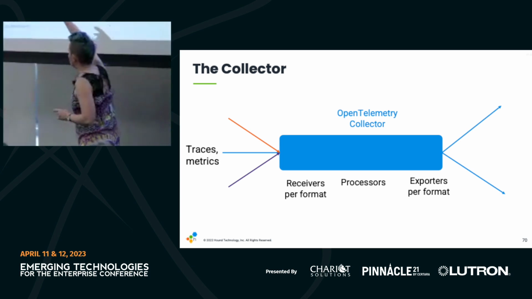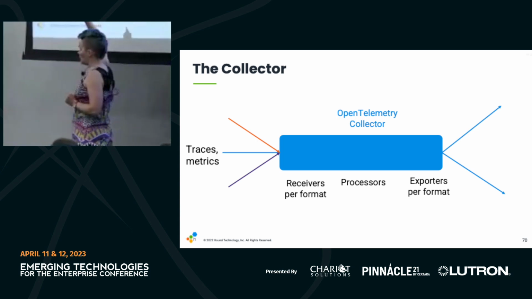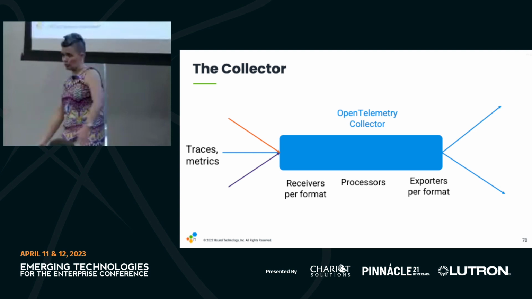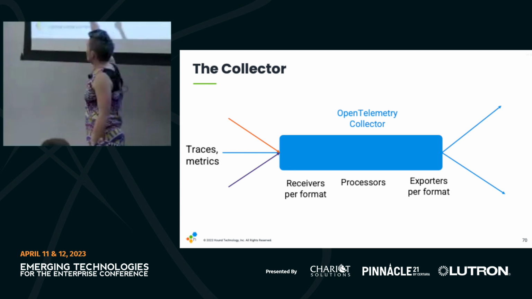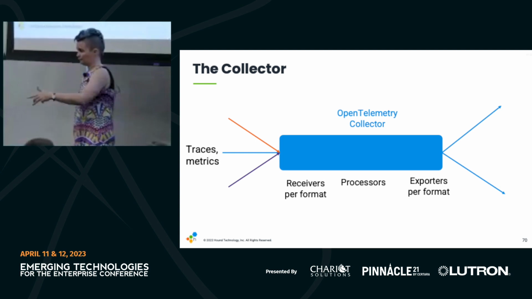StatsD and Prometheus are both supported, and it has some log formats. It has OpenCensus and OpenTracing. So if you actually use those older standards, you can leave them in the apps that are using them, and then the collector will just convert them into OTLP, which stands for the OpenTelemetry Protocol.